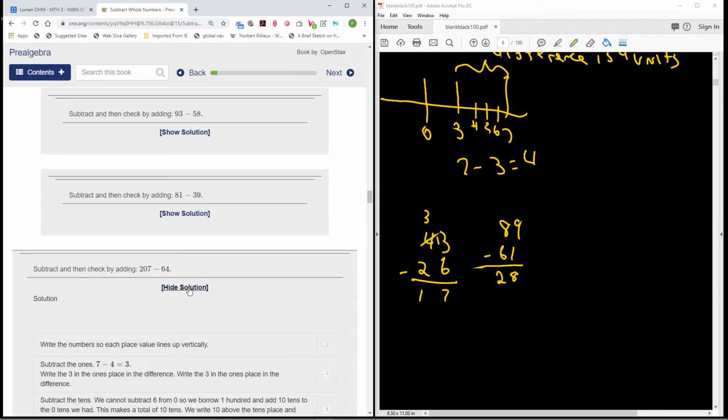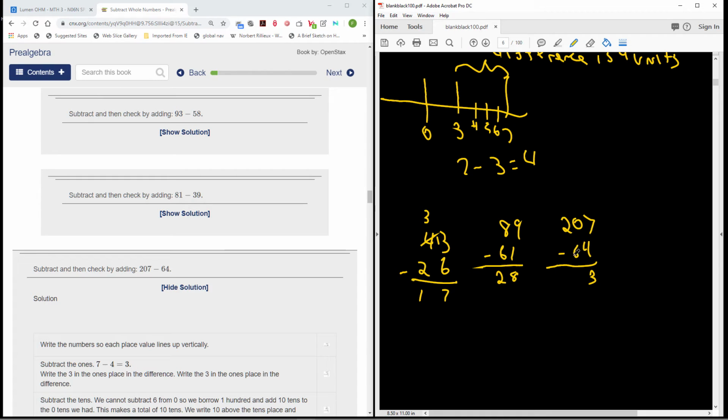Now they want to subtract and then check by adding. So over here we have 207 minus 64. 7 minus 4 is 3. And here we have 20.